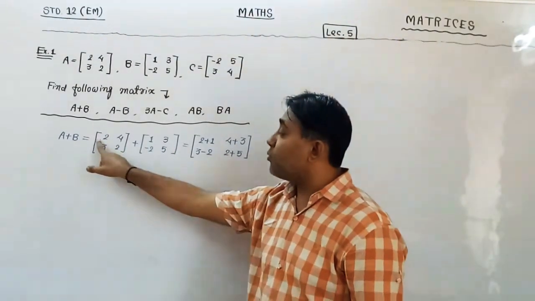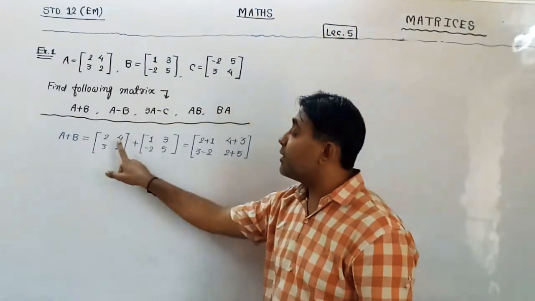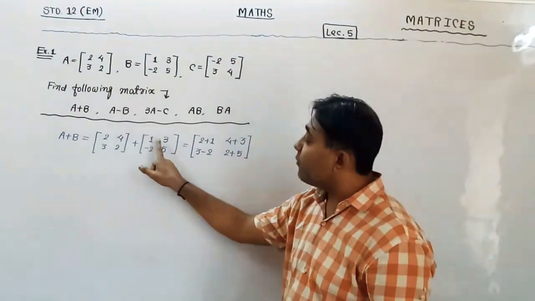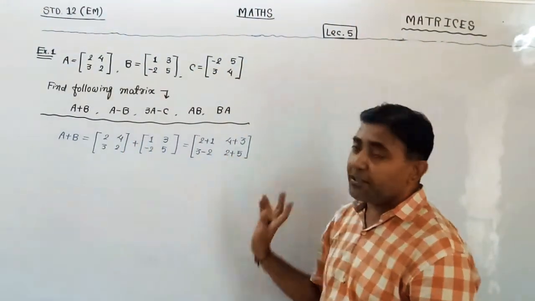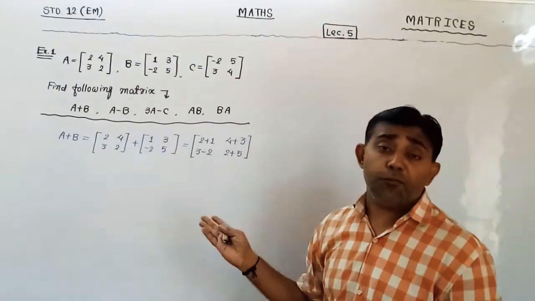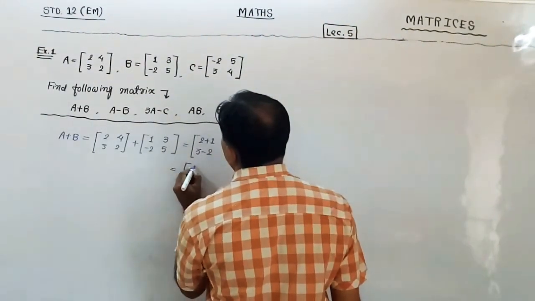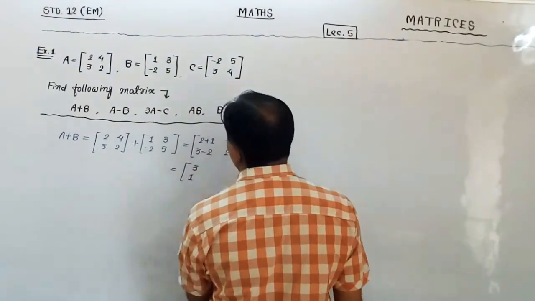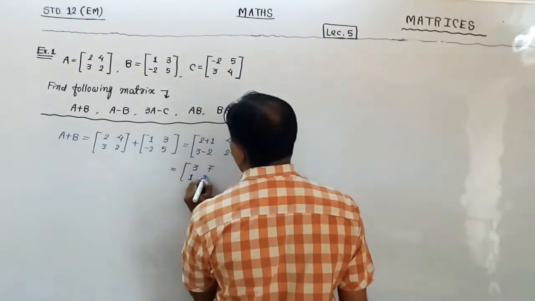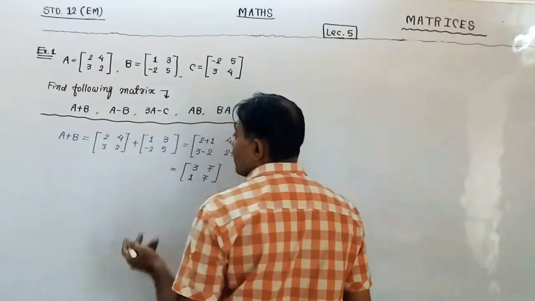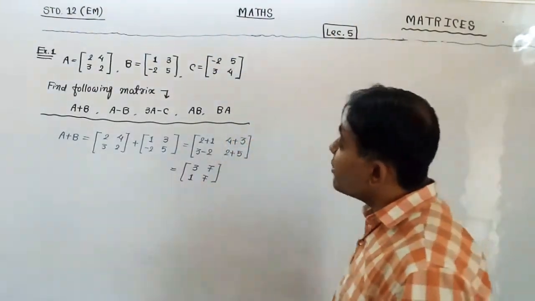Like a fifth or sixth standard, you just solve this kind of addition. 2 plus 1 is 3, 3 minus 2 is 1, 4 plus 3 is 7, and 2 plus 5 is 7. So the question is over now.